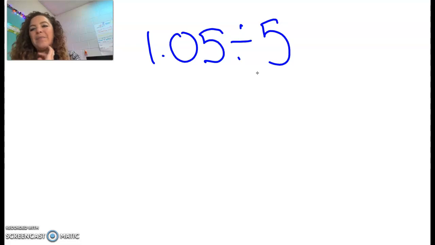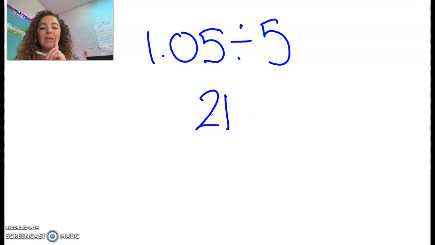And so how many times am I going to count by 5 to get there? Or the way that I view this right off the bat is 5 goes into 5 one time. 5 goes into 10 twice. So 21. And then I have to think about my place value. I need to end up in the hundredths place value, so 21 hundredths. And then I'm finished with that problem.